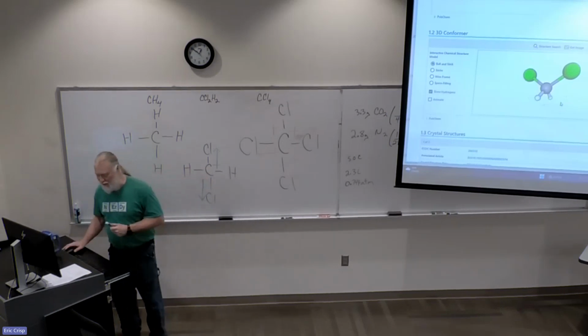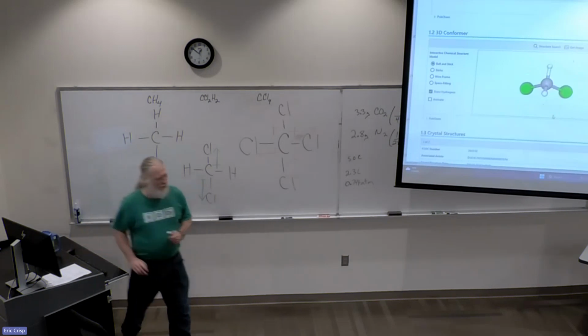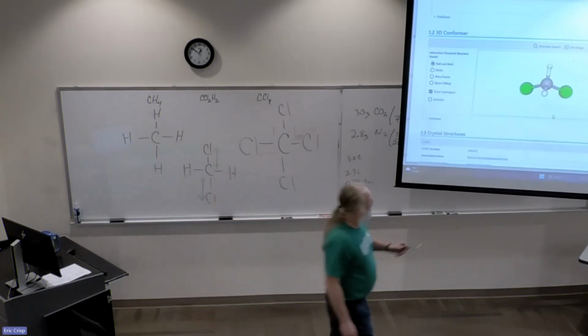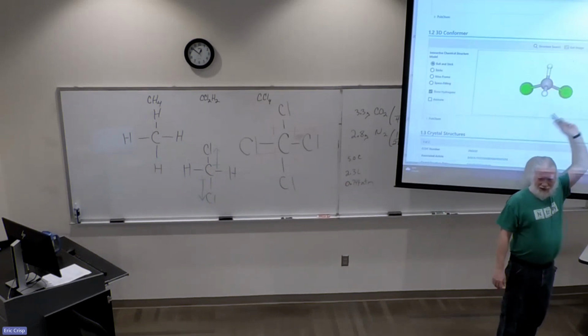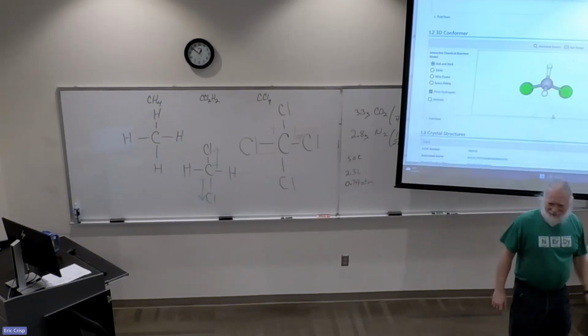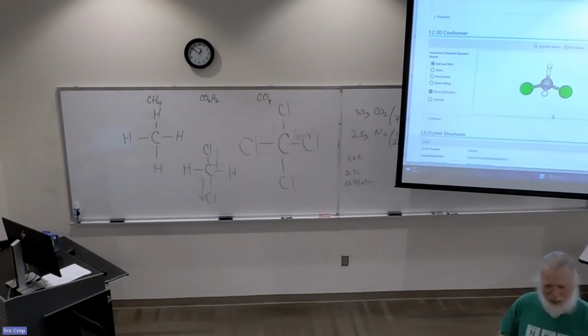This guy's tetrahedral, right? Anybody ever play role-playing games? This thing looks like a four-sided die, so you've got one atom attached at each corner of the four-sided die. Little tetrahedron. Make sense?